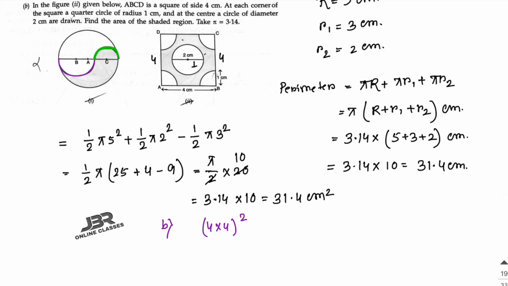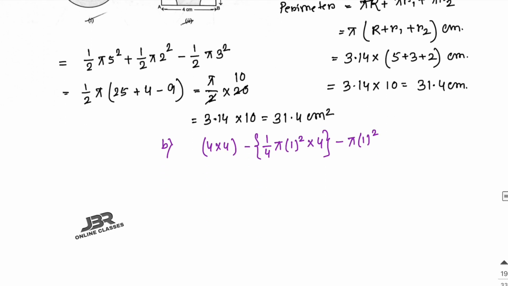Then you have to subtract the area of these 4 quadrants. So 4 quadrants means 1 by 4 pi r square, with 1 square, and as there are a total of 4 quadrants, again multiply with 4. Clear? And next again you have to subtract the area of the middle circle, that is pi then 1 square.